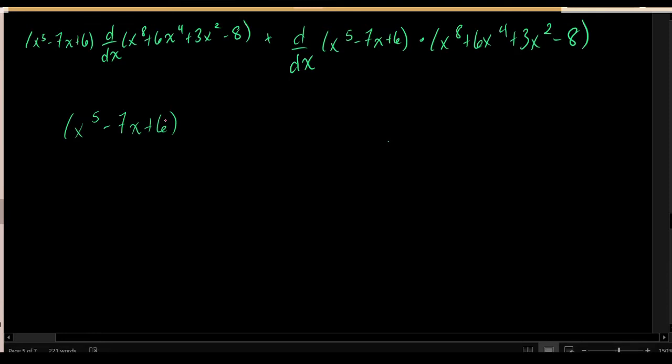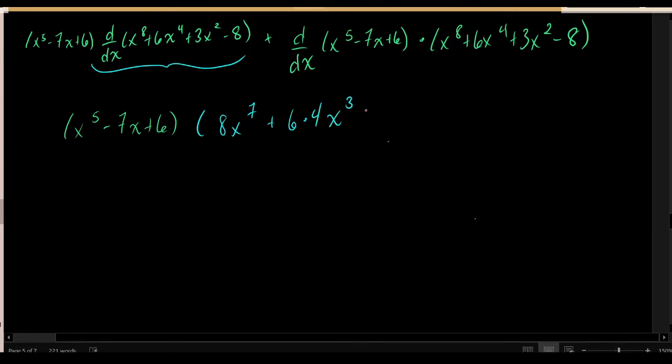Now I'm going to work on the derivative of the second factor, and for clarity's sake, let me put this in a different color. The derivative of x to the 8th power is 8x to the 7th power. The derivative of 6x to the 4th power: 4 will come down and be multiplied by 6, so 6 times 4, x to the third power.